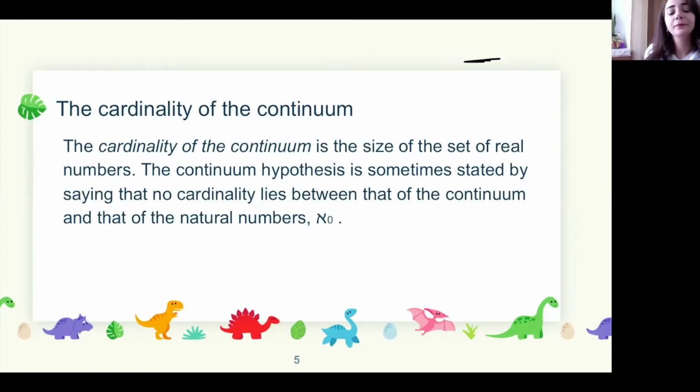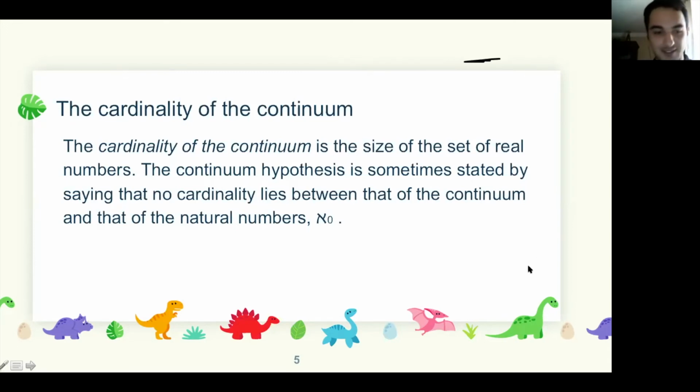For example, when we say the real numbers are a linear continuum, but R times R, the real set multiplied by itself, is not linear. Cardinality of the continuum is the size of the real numbers. That's all.